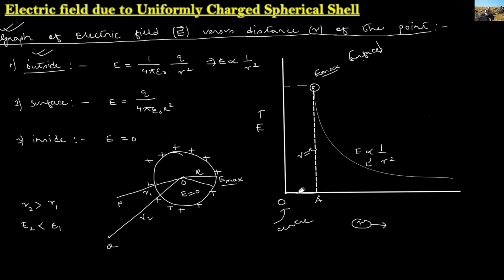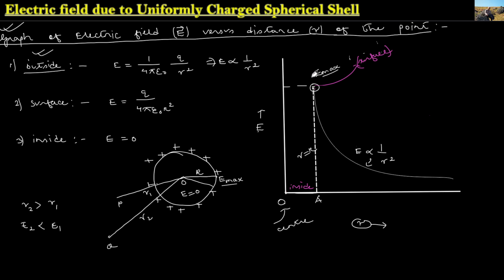From O up to A, this represents the electric field for the points inside. This is the point where the charges are located, on the surface.